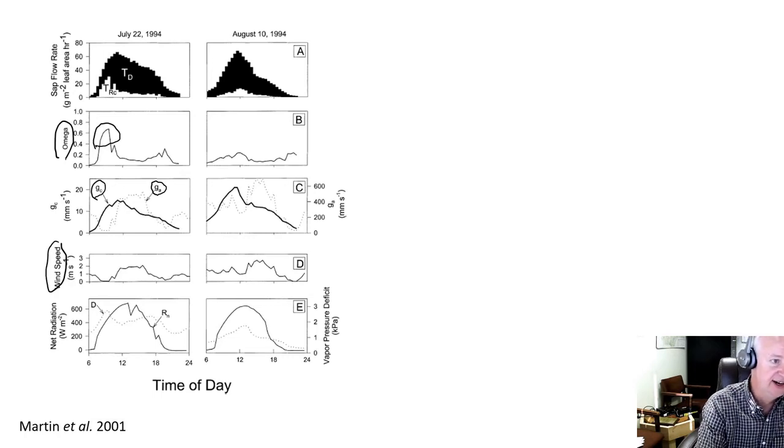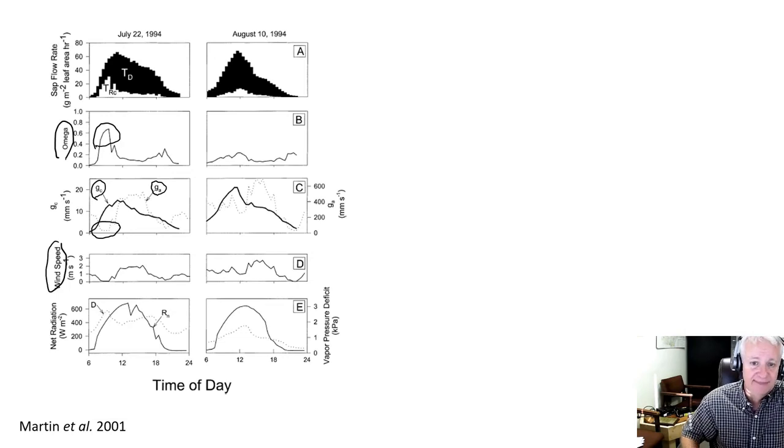You can see that during those periods of low wind speed, aerodynamic conductance is actually quite low. So during those periods, that low aerodynamic or boundary layer conductance ends up being a limiting factor for transpiration.